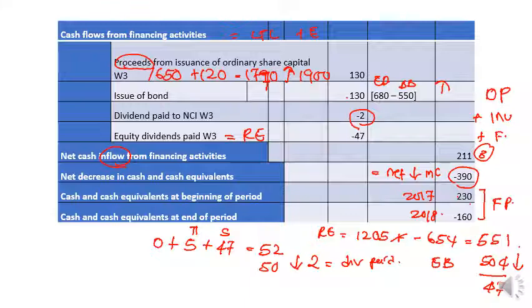Okay, and then the next one is dividend paid by parents. For dividend paid by parents here, you need to look at the RE.